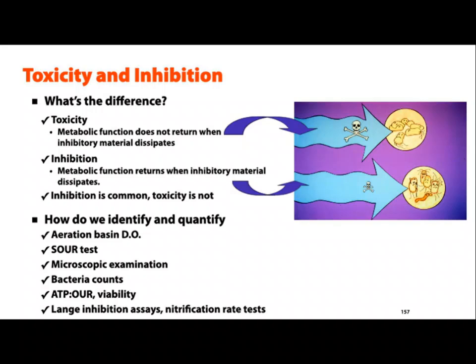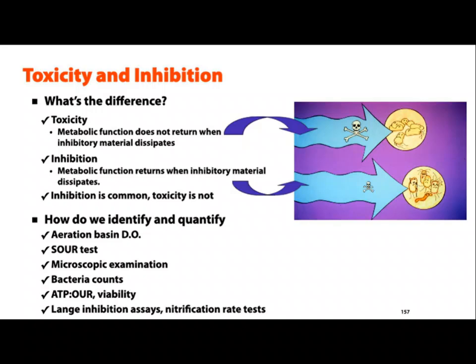Toxicity and inhibition, these are sometimes used interchangeably. True toxicity is a case where metabolic function doesn't return even when the material dissipates. And I think Mike was saying earlier about that problem that we had with the tetramethyl ammonium hydroxide and the poisoning of the slugs that occurred there.